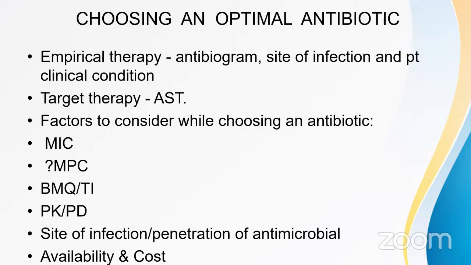Factors to consider while choosing an antibiotic are not only MIC. I don't think we are using MPC right now, which needs more studies to be considered. The therapeutic index, PK/PD of the patient, site of infection, penetration of the antimicrobial agent to the site, and the availability and cost of the antimicrobial agent.